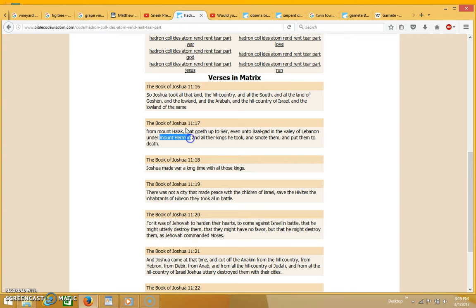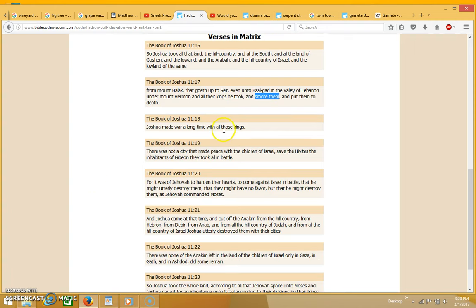And Mount Hermon is where all the fallen angels landed. "And all their kings he took and smote them, and put them to death. Joshua made war a long time with all those kings. There was not a city that made peace with the children of Israel, save the Hivites, the inhabitants of Gibeon. They took all in battle.